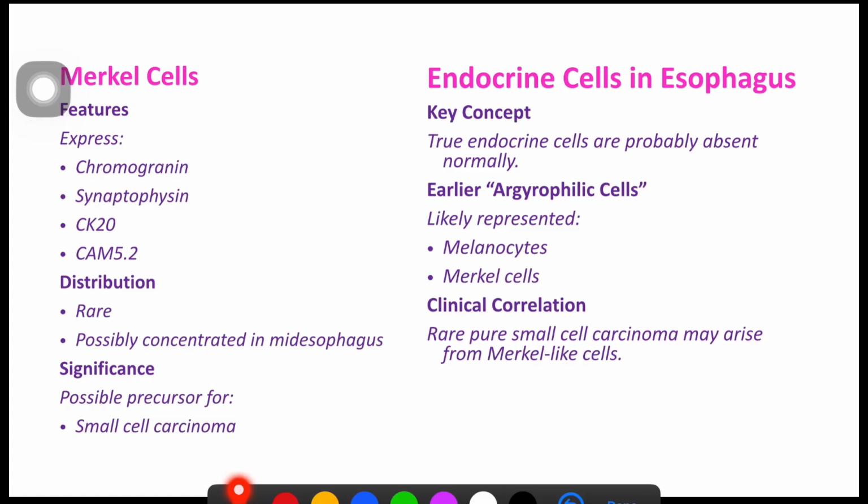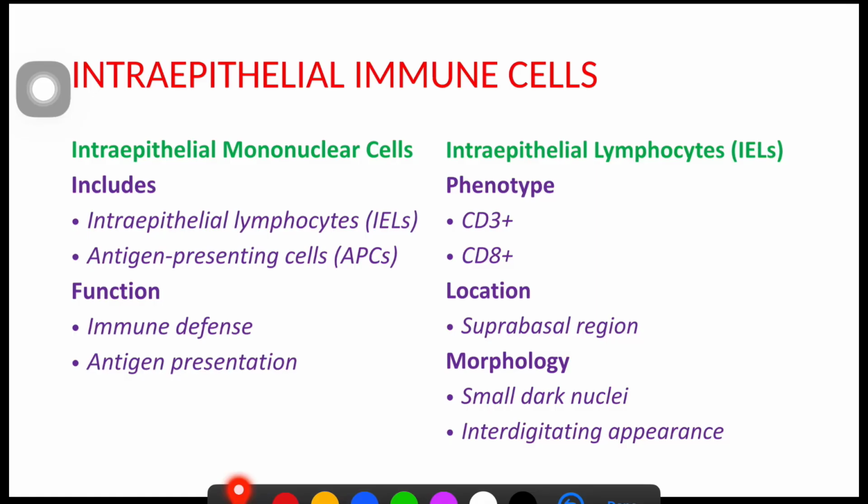Now, endocrine cells in the esophagus: normally if present, they are argyrophilic cells. They likely represent melanocytes and Merkel cells, and rare pure small cell carcinoma may arise from these Merkel-like cells.